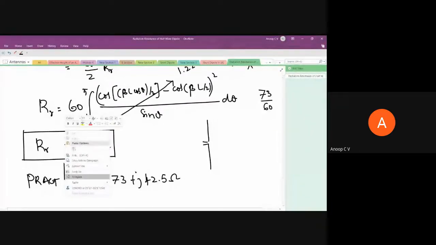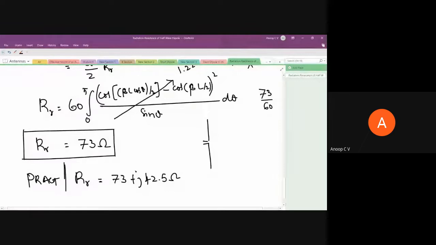Just see if this value was there in your transmission line problem, where load resistance is equal to 73 plus j 42.5. You can turn back the pages and see whether this value was there in one of the problems we solved in the first module, the transmission line problem.